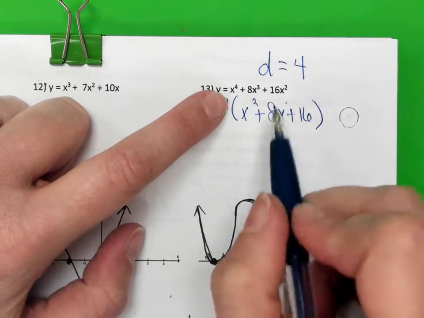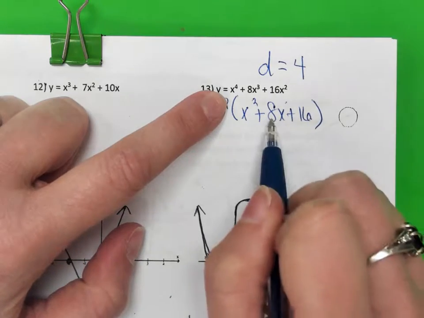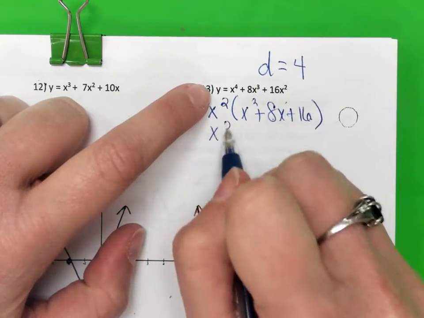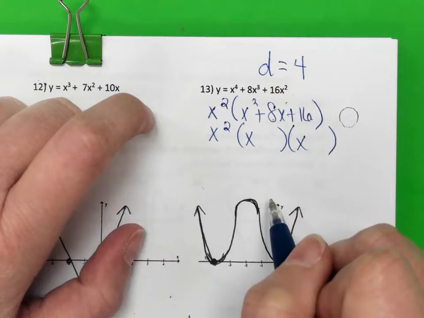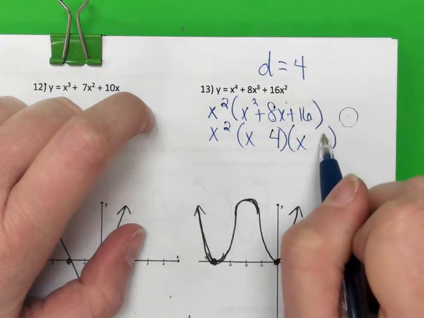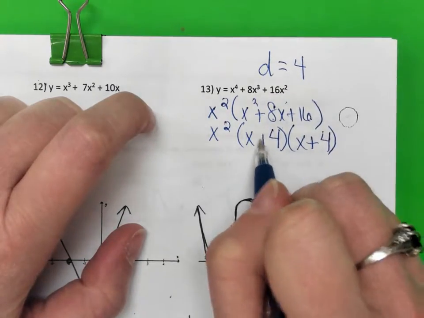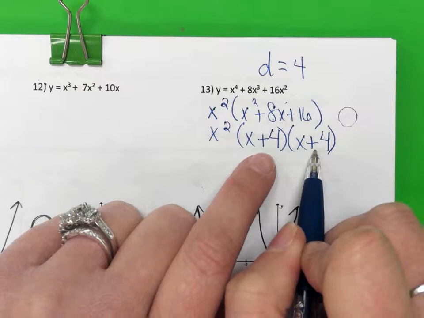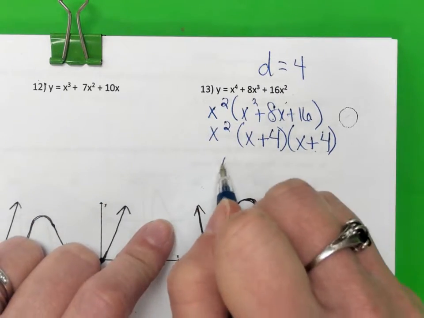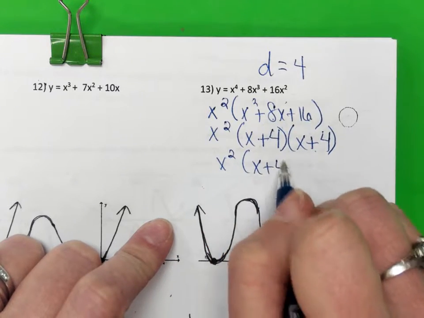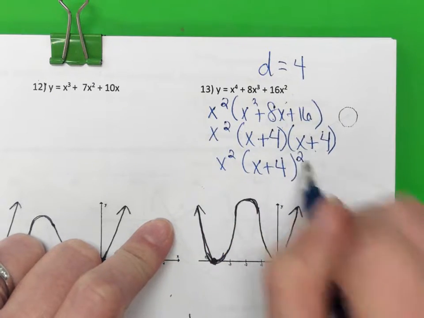All right, then you got to factor. What are the factors of 16 that add or subtract to be 8? Is it 4 and 4? It is 4 and 4. Very good. Okay, how many x plus 4s do you have? You have 2, so you have to rewrite it as x plus 4 to what power? To the second. Very good.